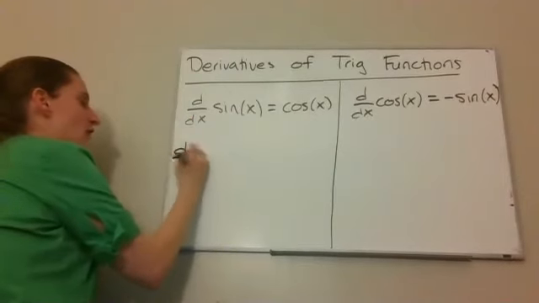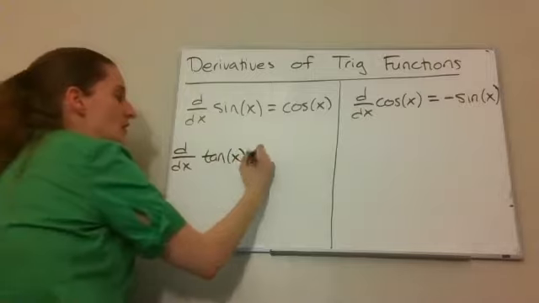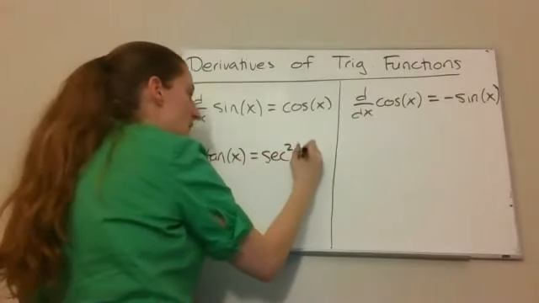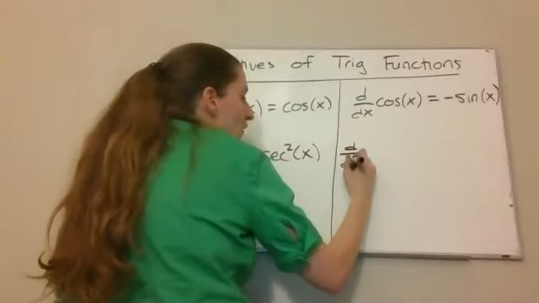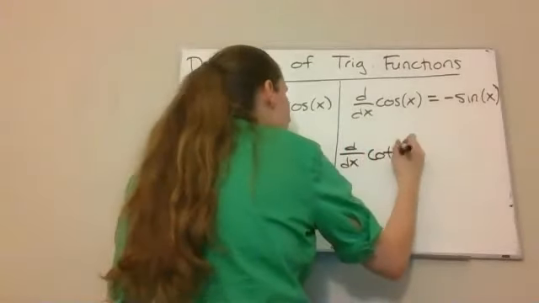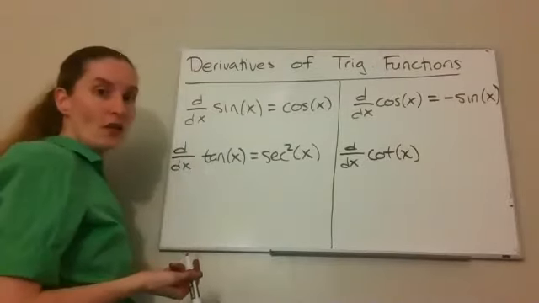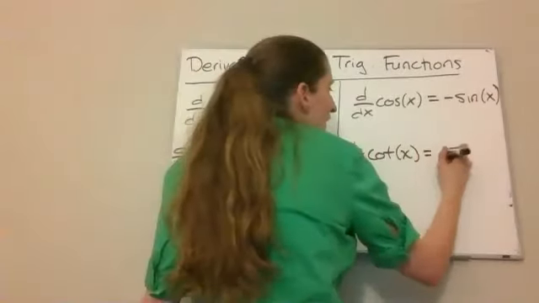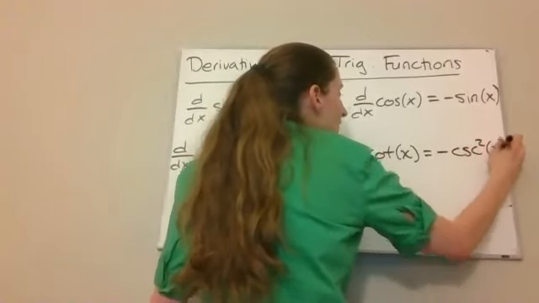We just discovered that the derivative of tangent is secant squared. You could figure out this other derivative over here in a similar fashion, but I'm just going to tell you the formula. The derivative of cotangent is negative cosecant squared.